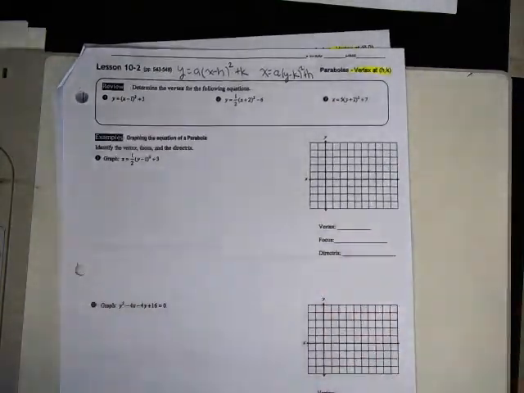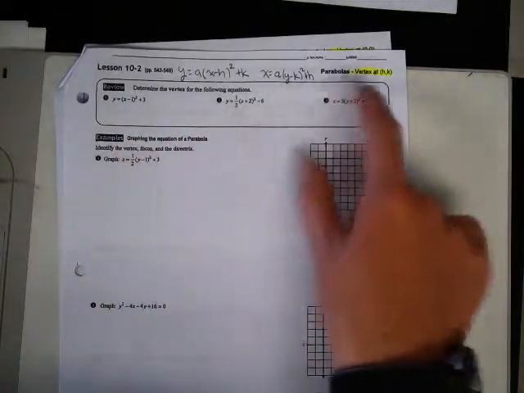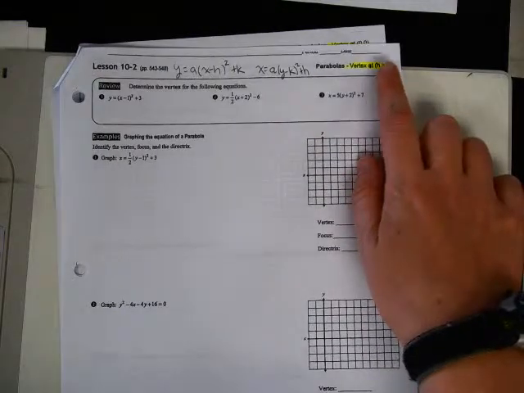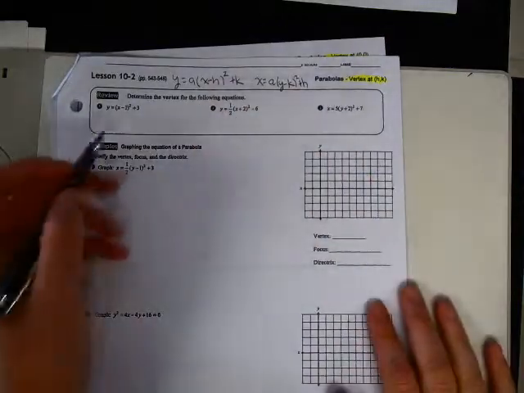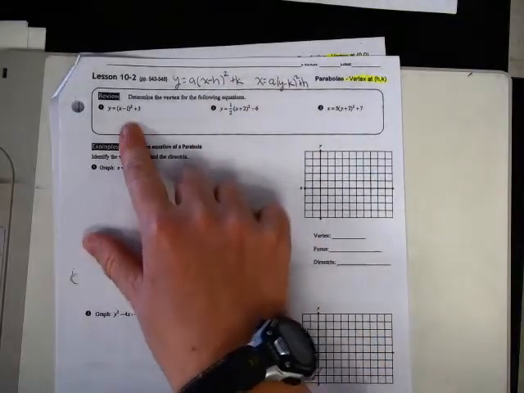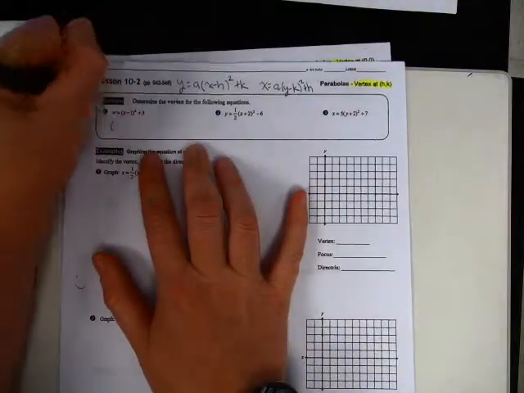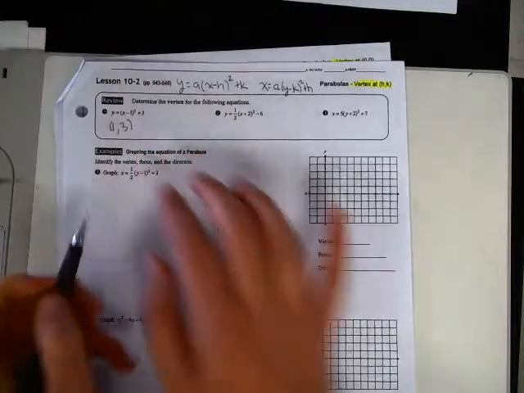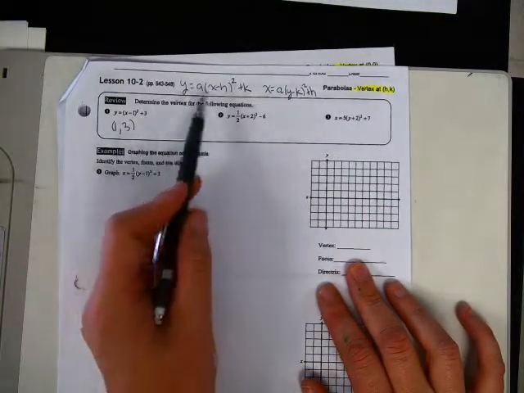So let's start by finding just the vertex for these three parabolas, keeping in mind that our vertex is at h comma k and using these two formulas. In this case, our vertex is just 1, 3. Just match it up straightforward to this.